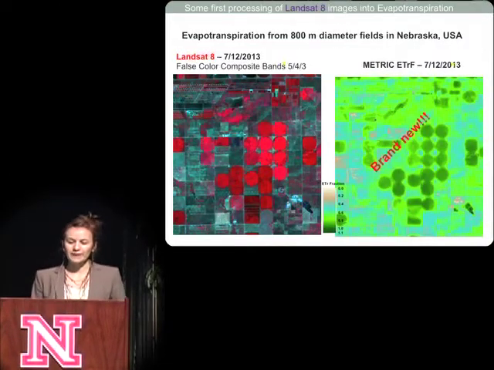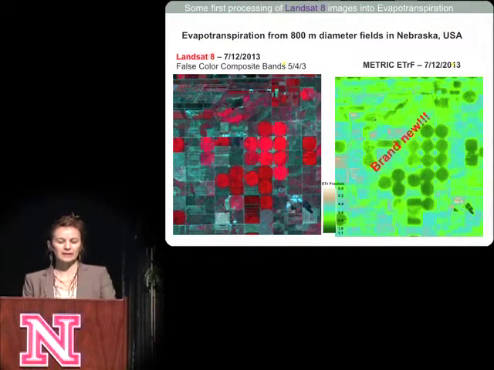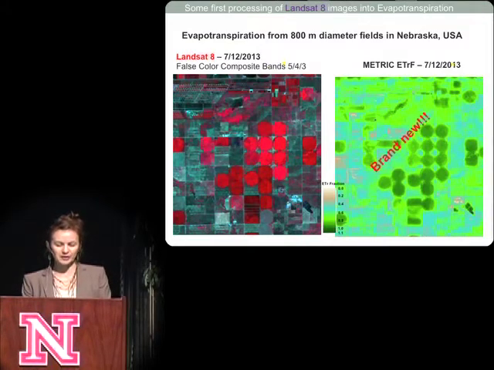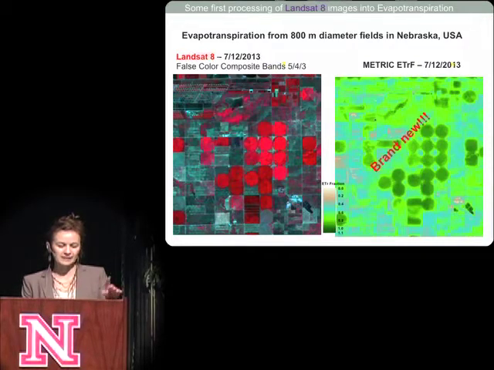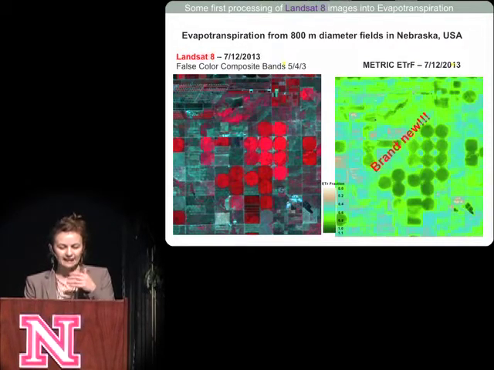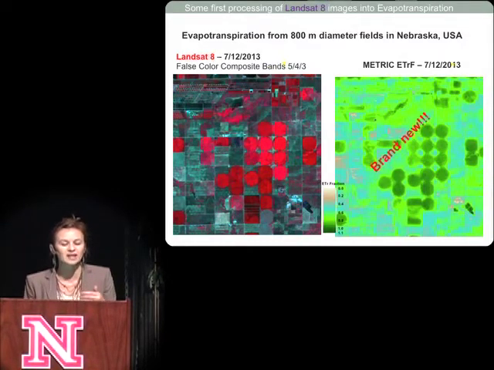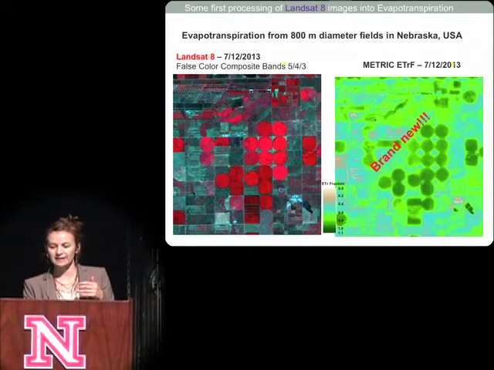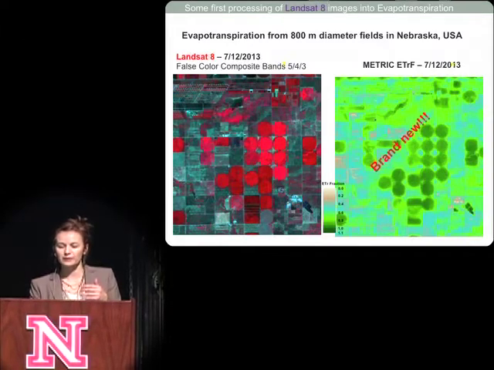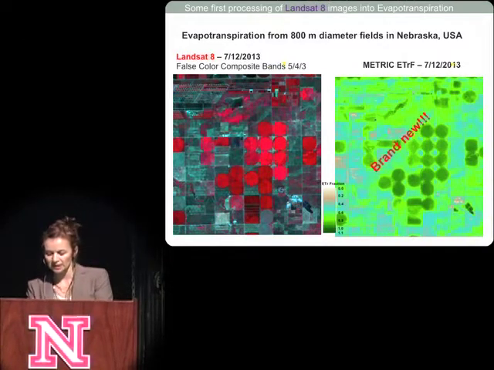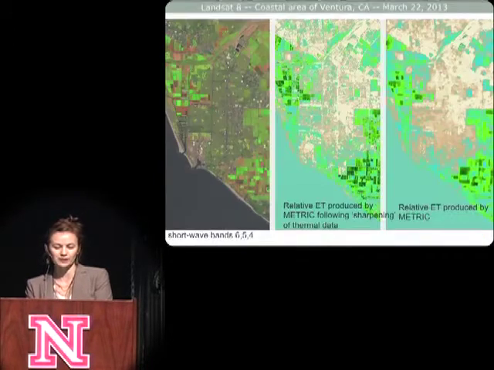Here's the color composite, just a snapshot. This is data from the recent satellite, Landsat 8, showing the center pivot irrigated fields close to Clay Center. And here's the ET map from this Landsat 8 data, again using the surface temperature.